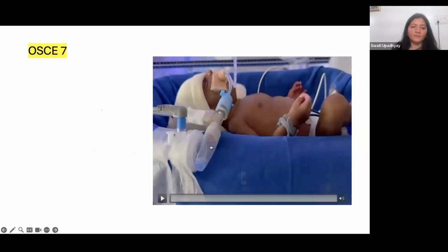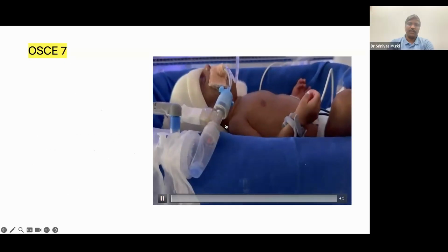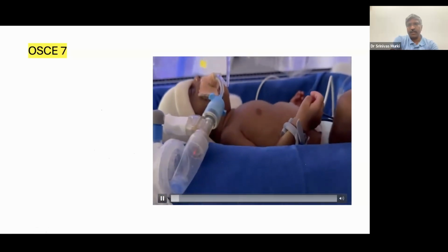Again, you have a clinical case here. This baby is on the ventilator. You can look at the baby.